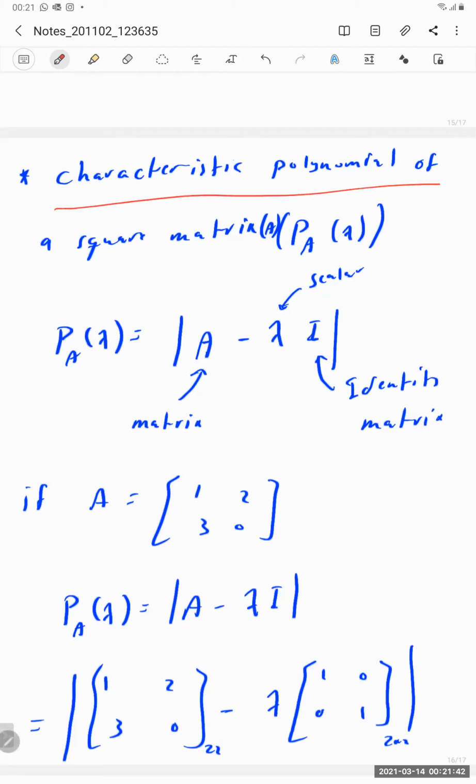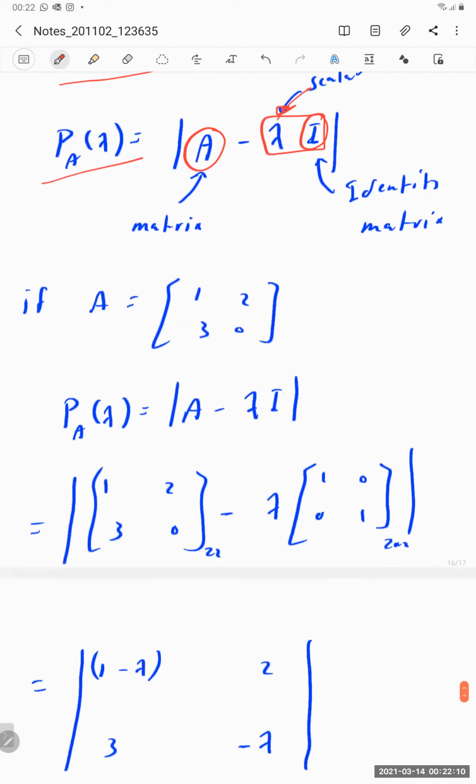The characteristic polynomial of a square matrix: the polynomial P of the square matrix A in terms of lambda is the determinant of A minus lambda times I, where lambda is an unknown scalar and I is the identity matrix.